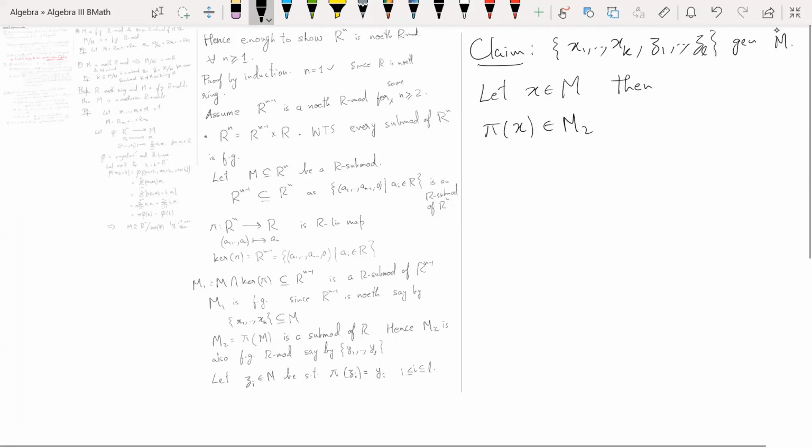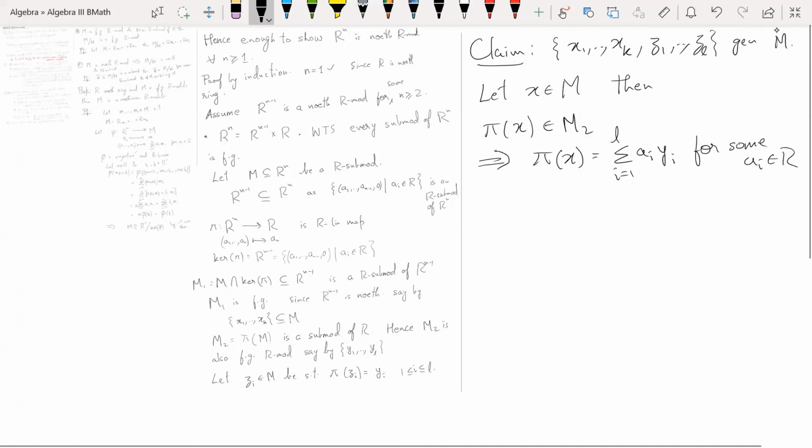And M2 is generated by y1 to yl. So this implies pi x is going to be the summation of ai yi, i equals 1 to l, for some ai's in R.